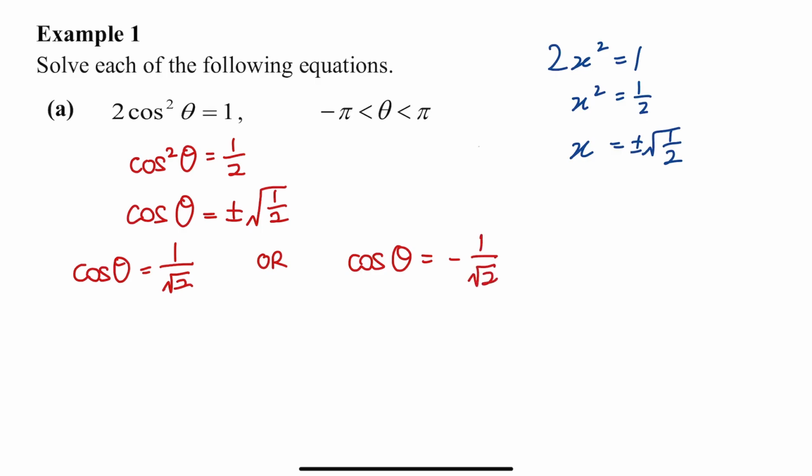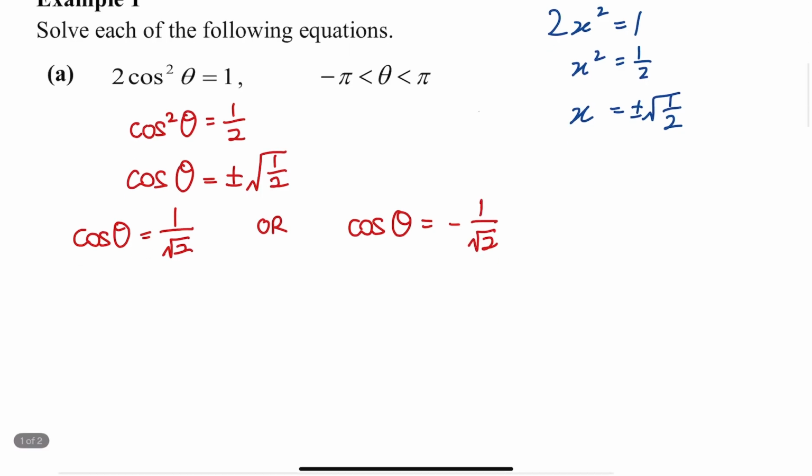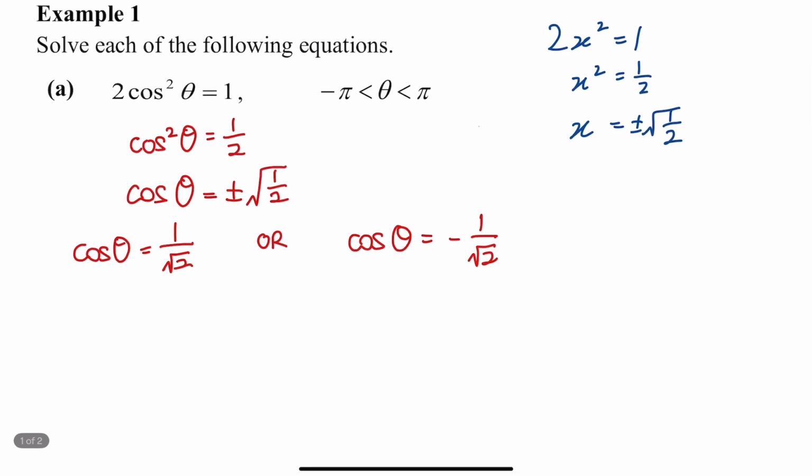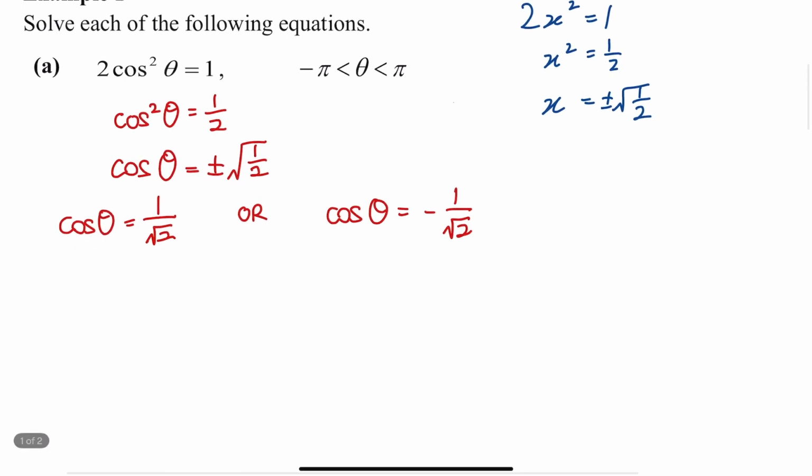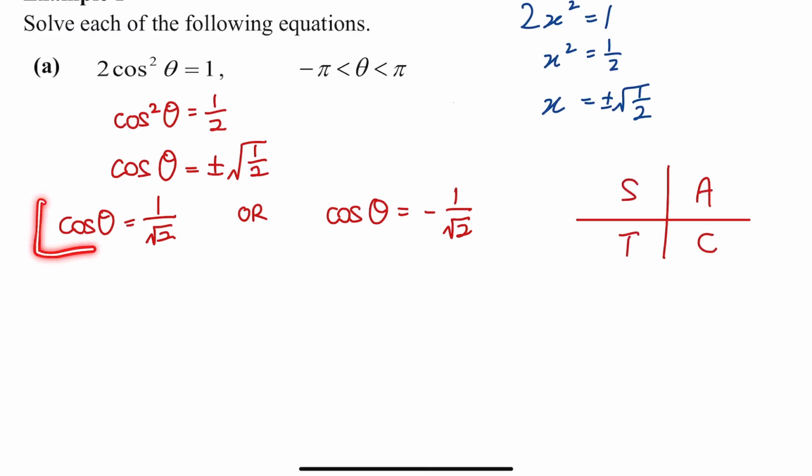So the steps are the same as solving a trigo equation from here. Next step, I want to identify the quadrant first. So we draw a simple ASTC diagram to help us visualize. First one over here, cosine theta is positive. It lies in the first and fourth quadrant.